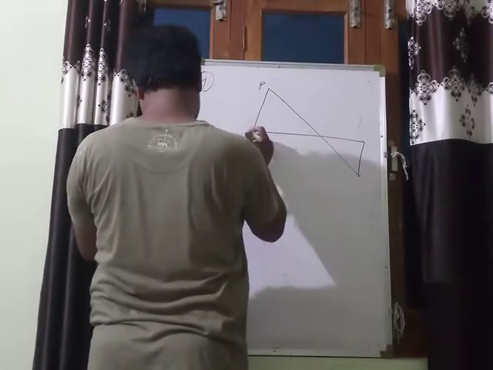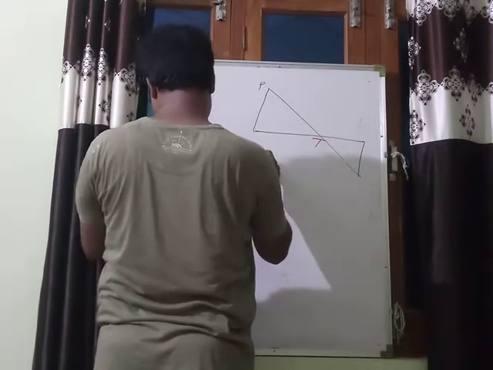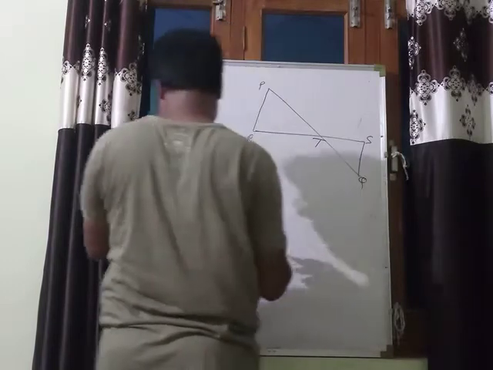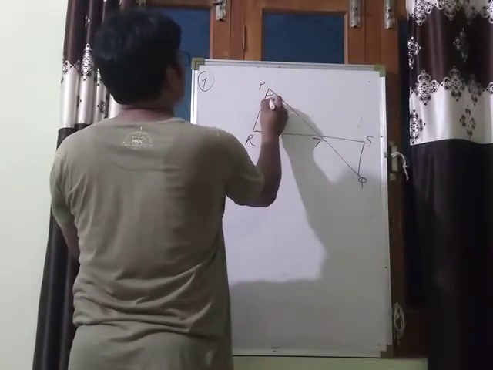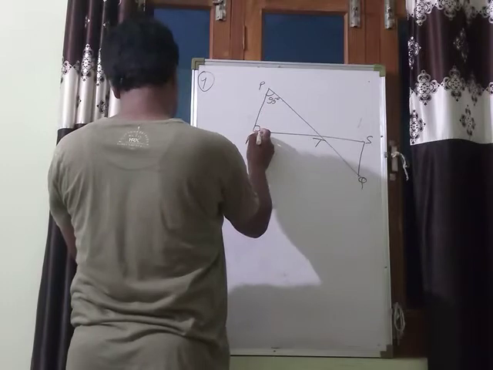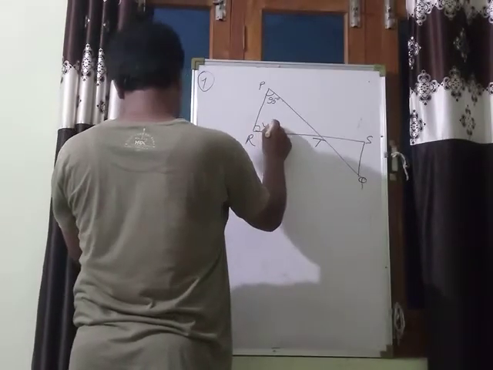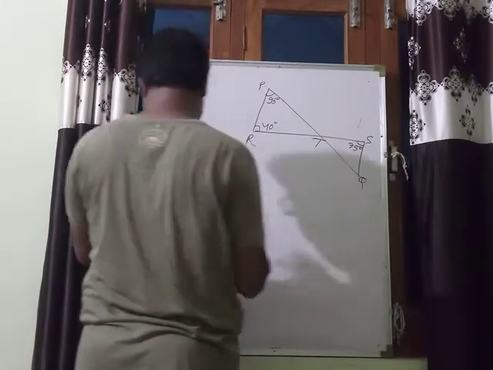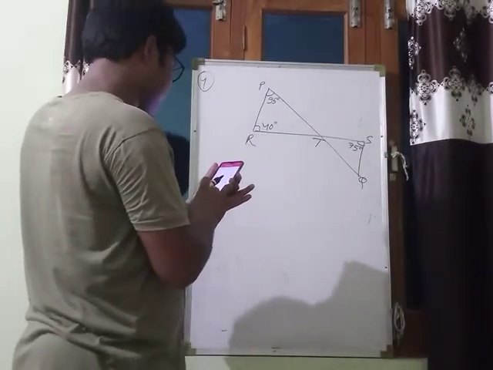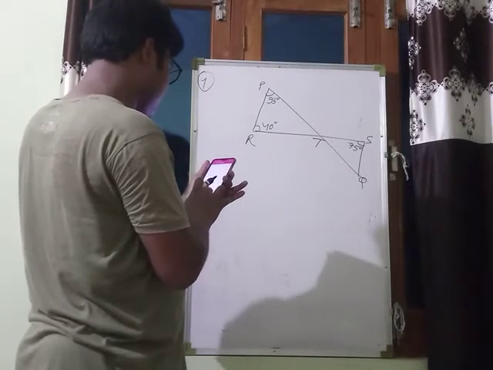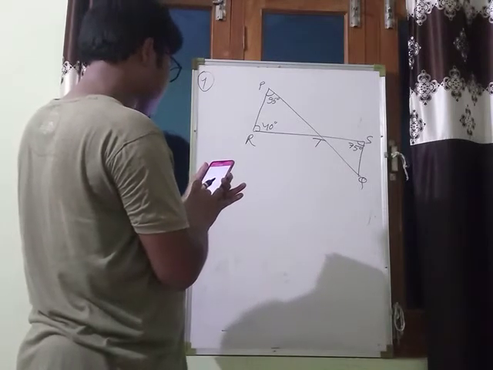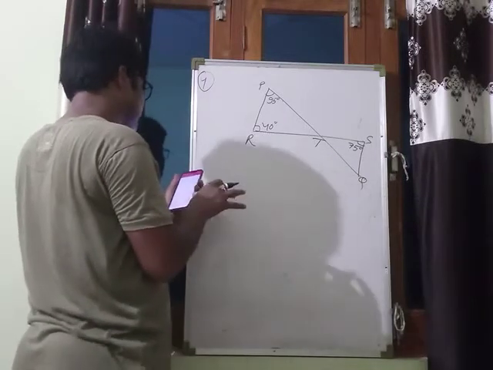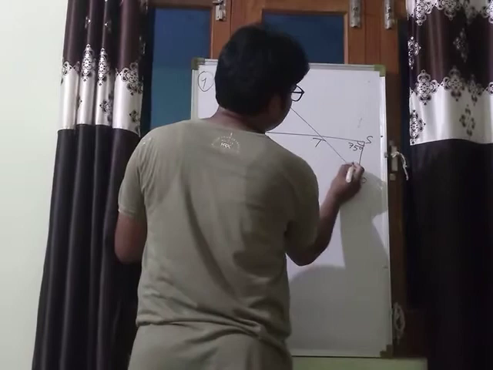This is P, this is T, that is R, that is S, that is Q, that is 95 degrees, this one is 40 degrees, and this one is 75 degrees. And what is given here? PQ and RS intersect at T such that these angles are given. We have to find out SQT. We have to find out this angle.